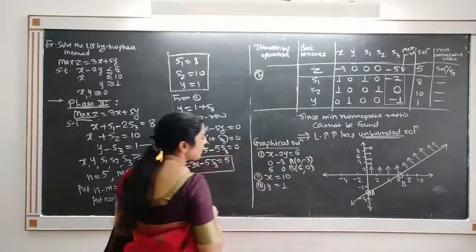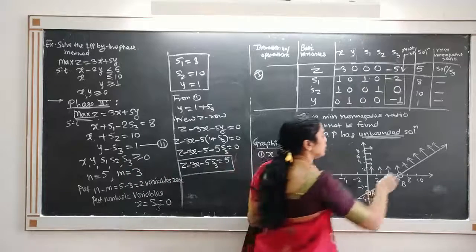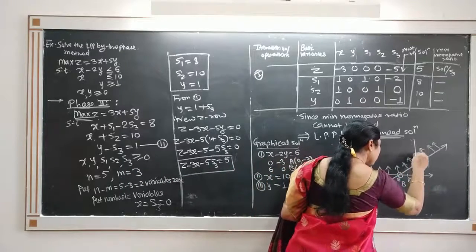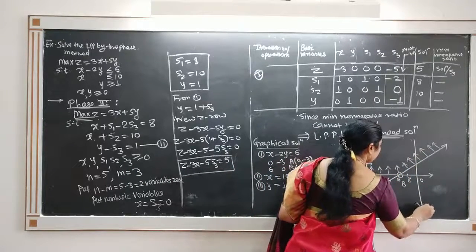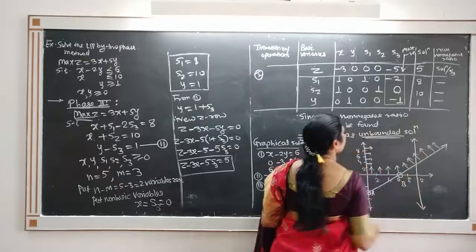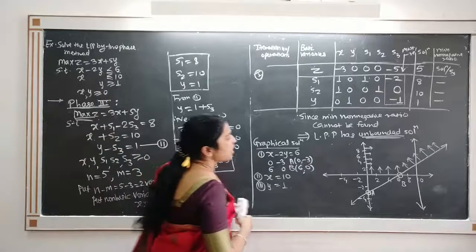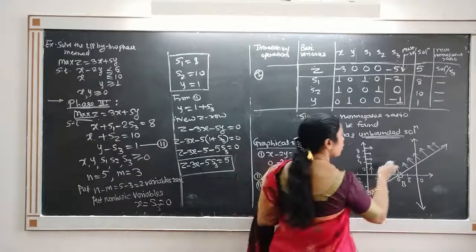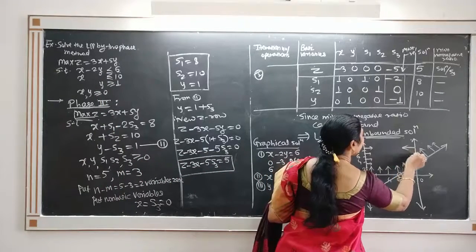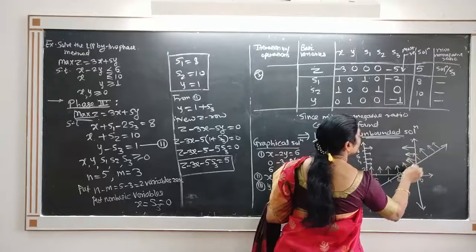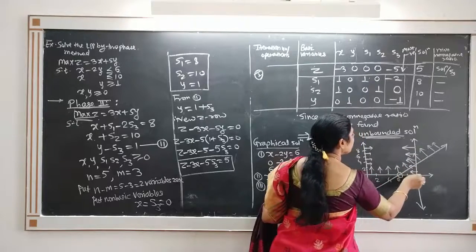Second, x equal to 10, that is this line. Since x is less than 10, if you put 0 it is satisfied, and therefore we require the side on this region.